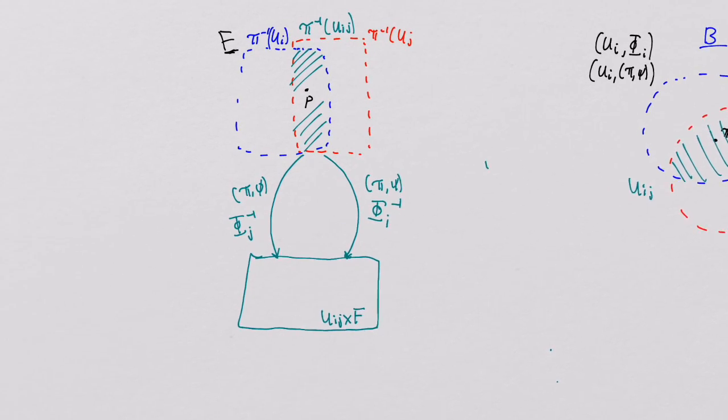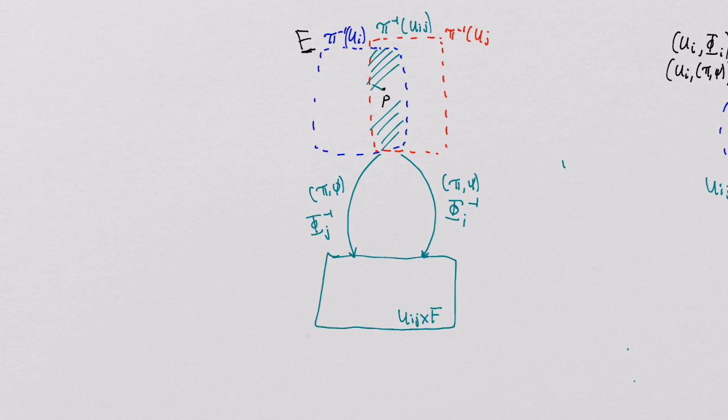I'm going to slide this over. The point P, or any point inside that set, will be mapped by psi and phi, but it won't be mapped to this Cartesian product. It'll just be mapped to F itself, which I'll draw as a triangle. So the point P will get mapped to two different points in F itself.